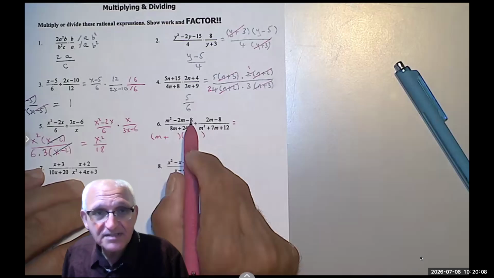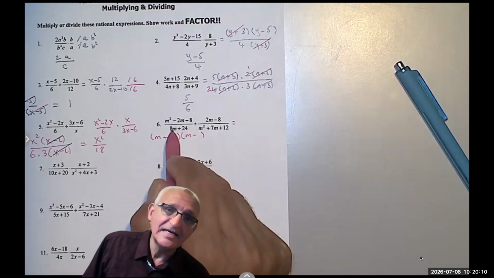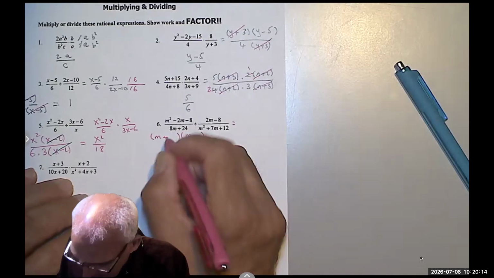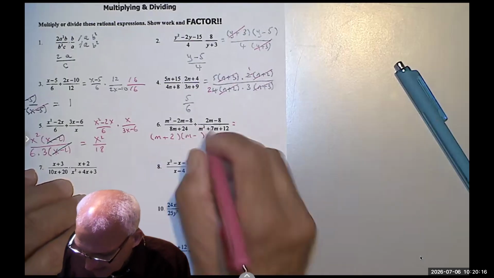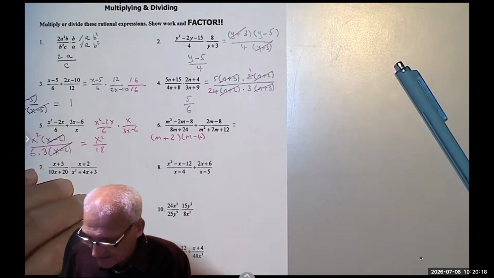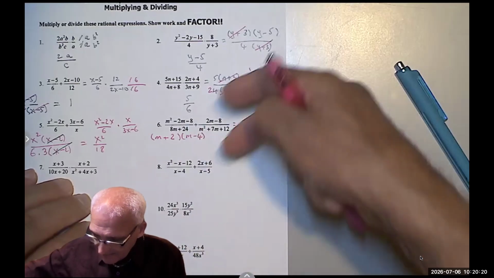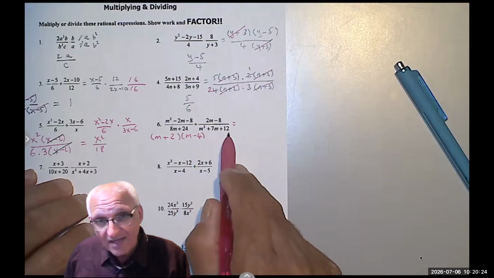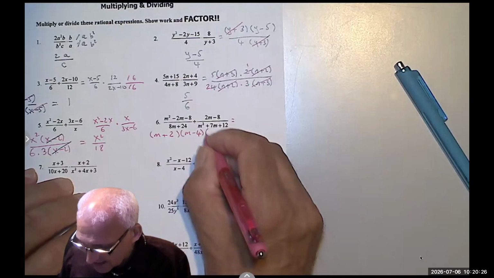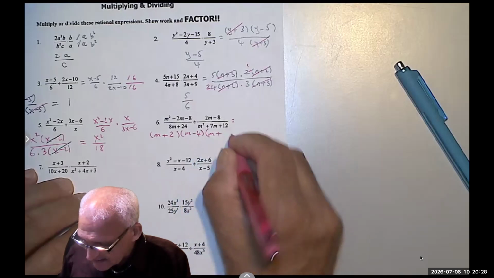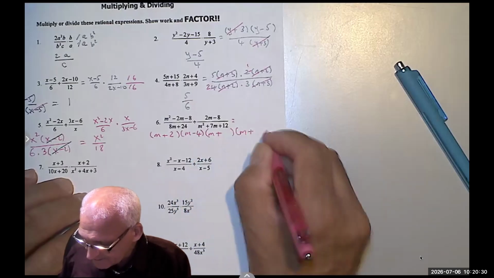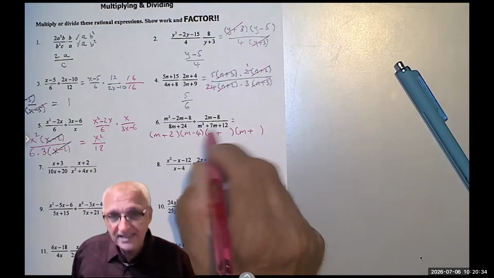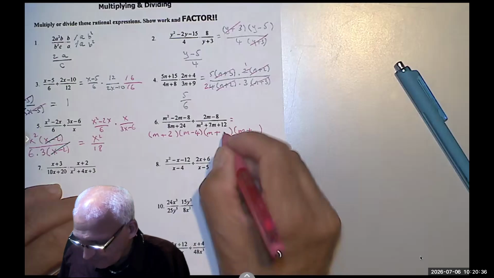Okay, what numbers multiply to 8 and their difference is 2? It's 4 and 2. But I make the 2 the smaller with a plus and the 4 the bigger with the minus. Notice I'm going to multiply by that. But m squared plus 7m plus 12 can also be factored as m plus and m plus. Two numbers that multiply to 12 and add up to 7 are 3 and 4.